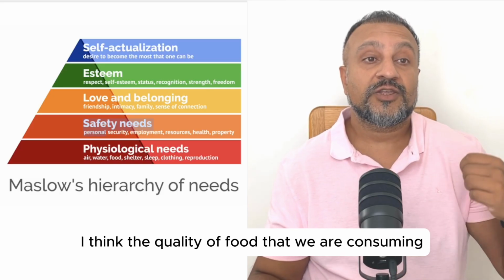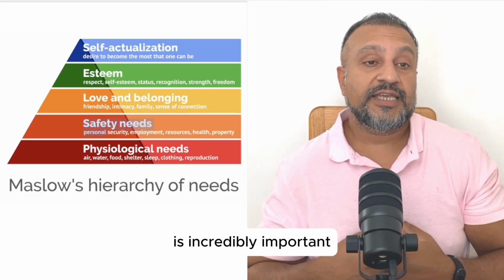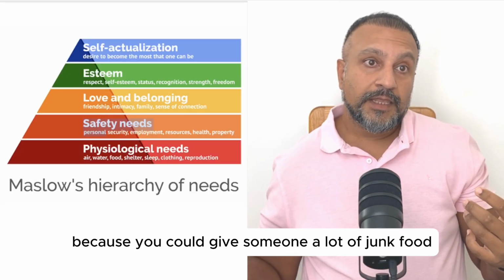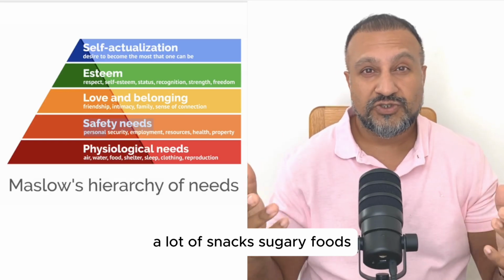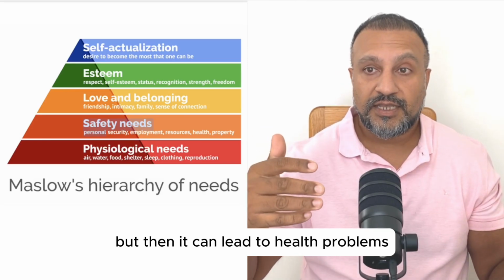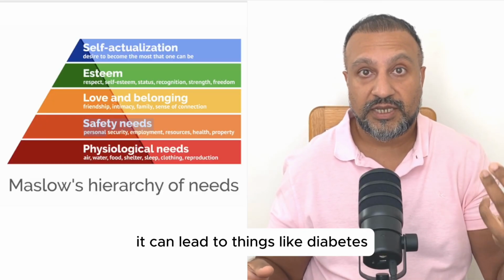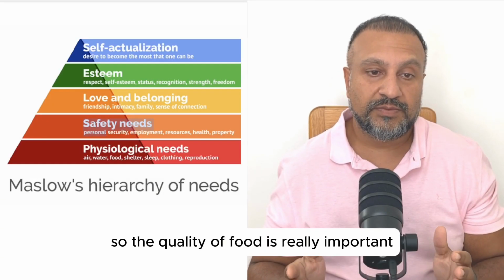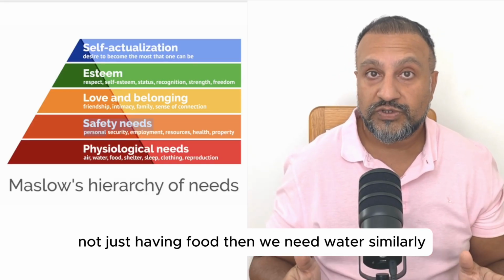I think the quality of food that we are consuming is incredibly important, because you could give someone a lot of junk food, a lot of snacks, sugary foods, but then it can lead to health problems. It can lead to things like diabetes. So the quality of food is really important, not just having food. Then we need water.